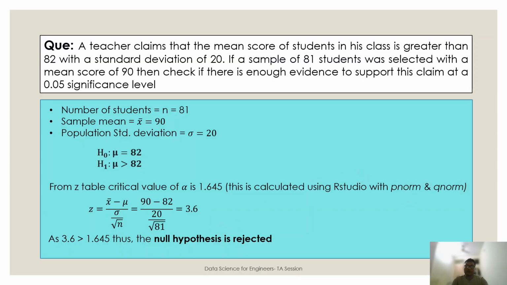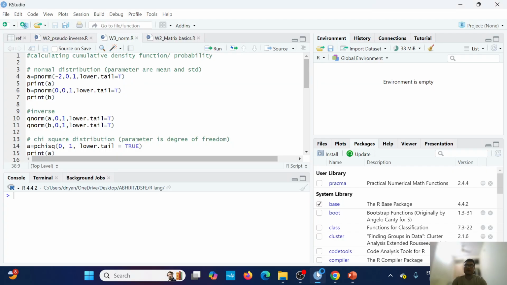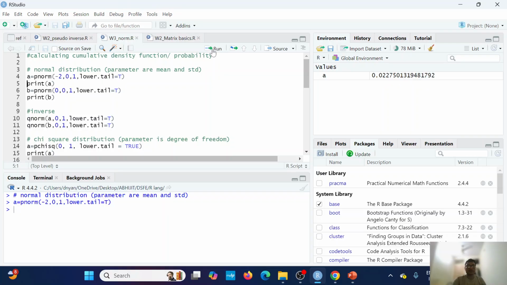All this pnorm and qnorm I am calculating in RStudio. From the Z statistic you want to calculate the probability, so you just write pnorm(-2, 0, 1), where 0 and 1 are the mean and standard deviation, and -2 is the particular exact value I'm giving. Running that code, you get a probability of 0.022.